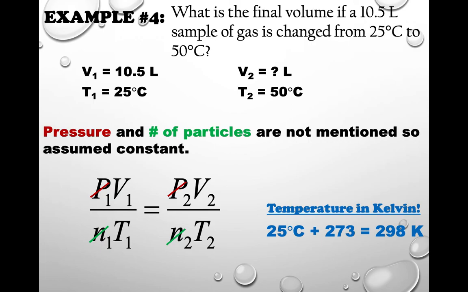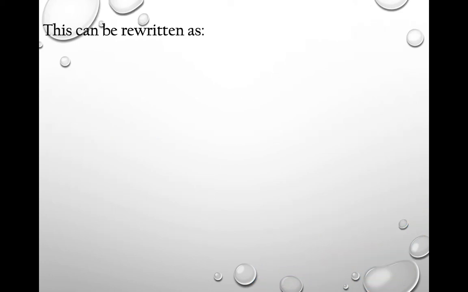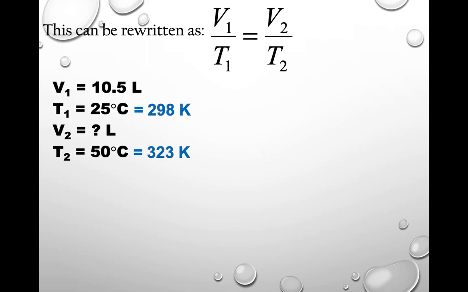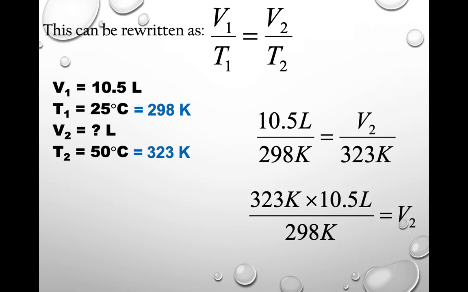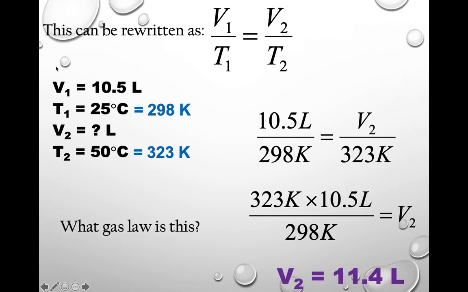You do need to remember that our temperatures are in Celsius and they have to be converted to Kelvin. So by just adding 273 to both of those temperatures, this is what I get in terms of Kelvin. So I just plug them into the appropriate spots, solve for my unknown, and I get a volume of 11.4 liters. And of course, this is the last one, which is Charles's law.